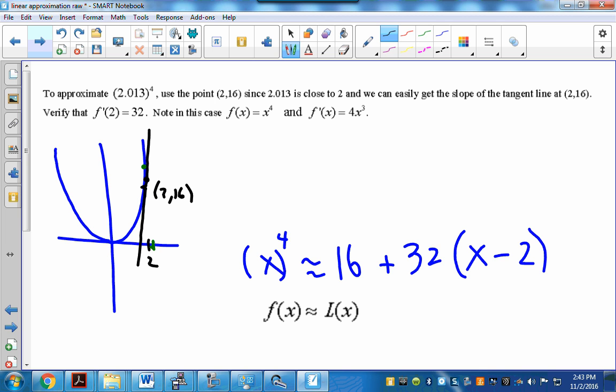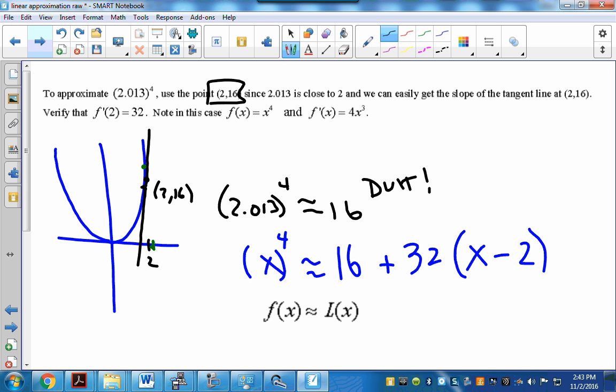This approximation is valid for numbers close to 2. So let's go ahead and chuck it in and see what we get. 2.013 to the 4th is about 16. Like, duh. Doesn't that make sense logically right off the bat? It's about 16, because I know 2 to the 4th is 16.